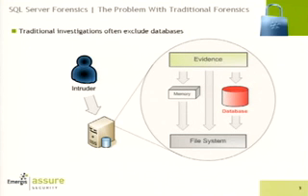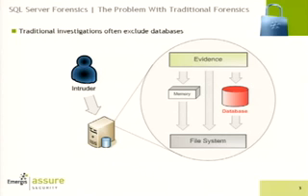Traditional investigations often exclude databases. That goes without saying. Based on my illustration here, I have an intruder wreaking havoc on a database server. And what normally happens is there's evidence that's on the database system. A lot of this evidence is in memory. That memory sometimes is paged out to a file system. Some of the evidence as well is written directly to the file system, in the form of a system event log or a SQL Server error log.